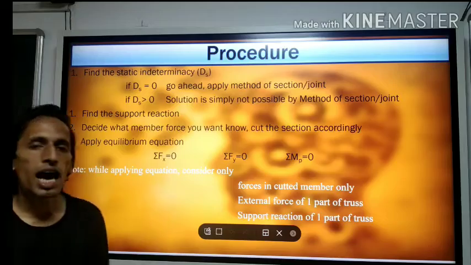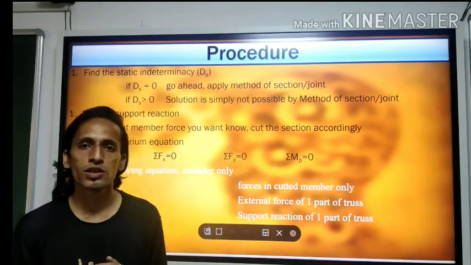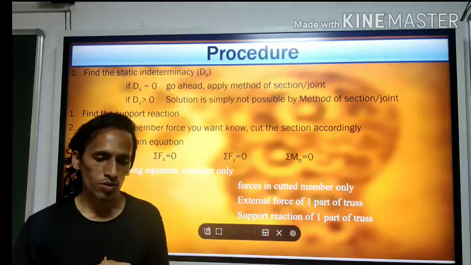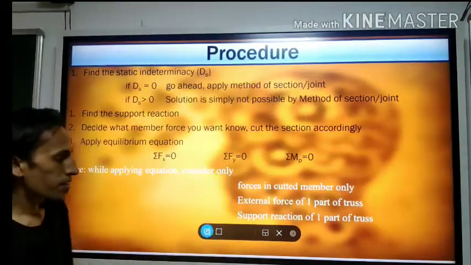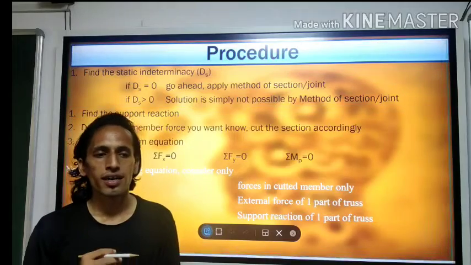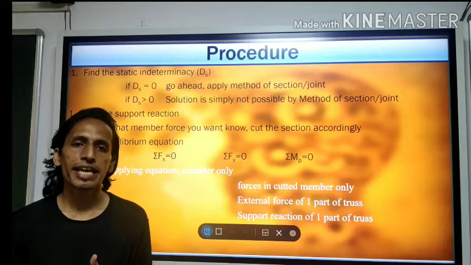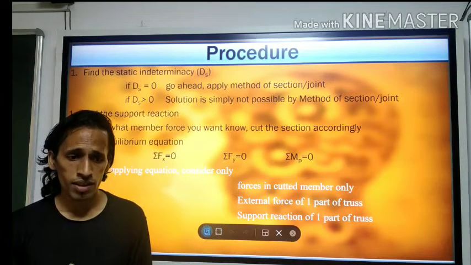Moving ahead, next is what is the procedure to use this method. As a first point, you should see whether the truss is a determinate truss or an indeterminate truss.